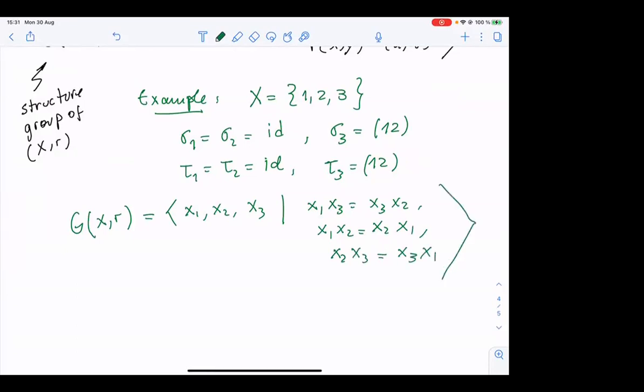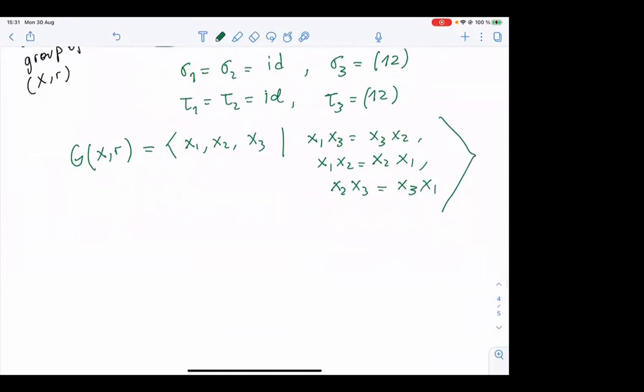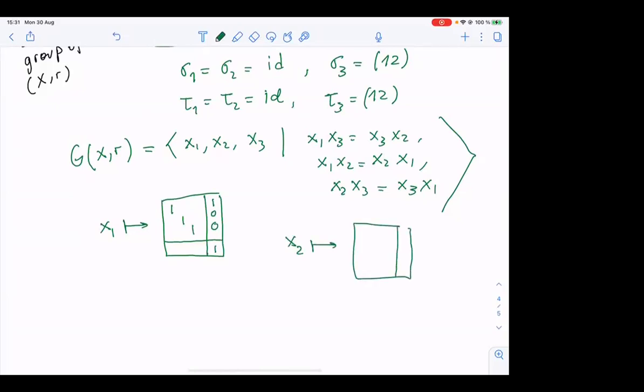Okay, this is the group. And indeed you have a faithful linear representation of this group. This is a theorem, but I just want to illustrate some basic facts. So X1 could be this matrix, for example. X2 is going to be this matrix. Again, you put the identity here.